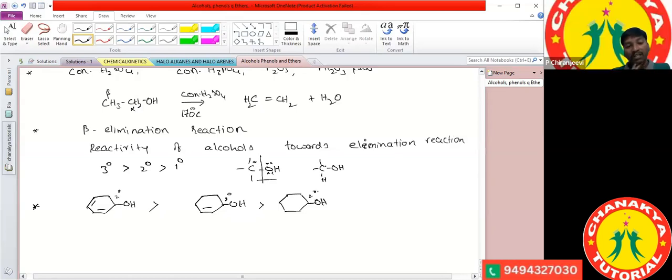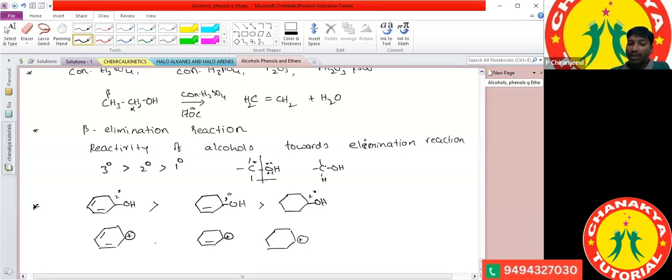The number of double bonds increases means reactivity increases. And if it undergoes unsymmetrical cleavage, it forms a carbocation. Here also we get a carbocation, and here also we get a secondary carbocation.